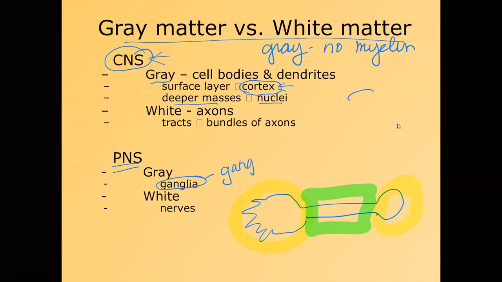Ganglion would be singular. The white axons are called tracts when they're in the CNS, and we just call them nerves in the PNS. So they have different names depending on where they're located. It's important that you know what the gray matter is and what the white matter is.